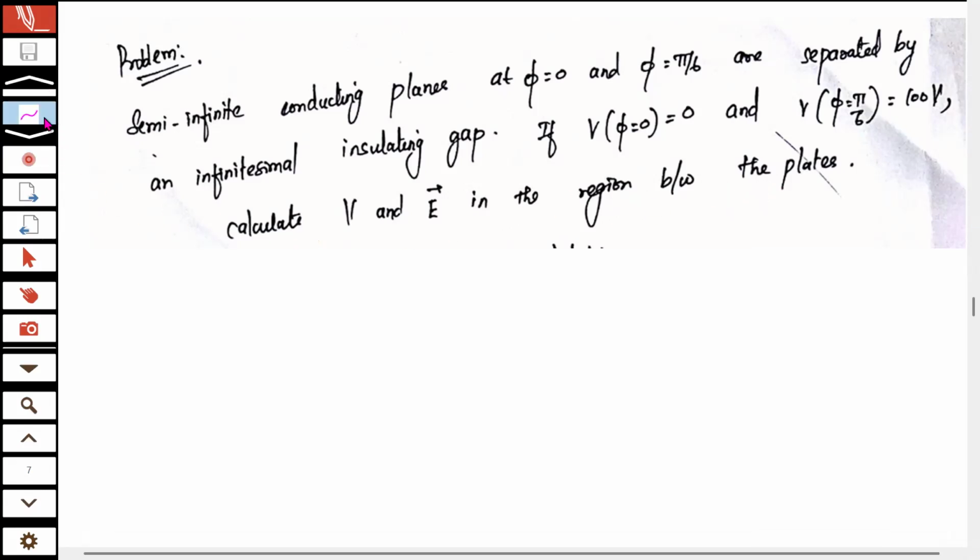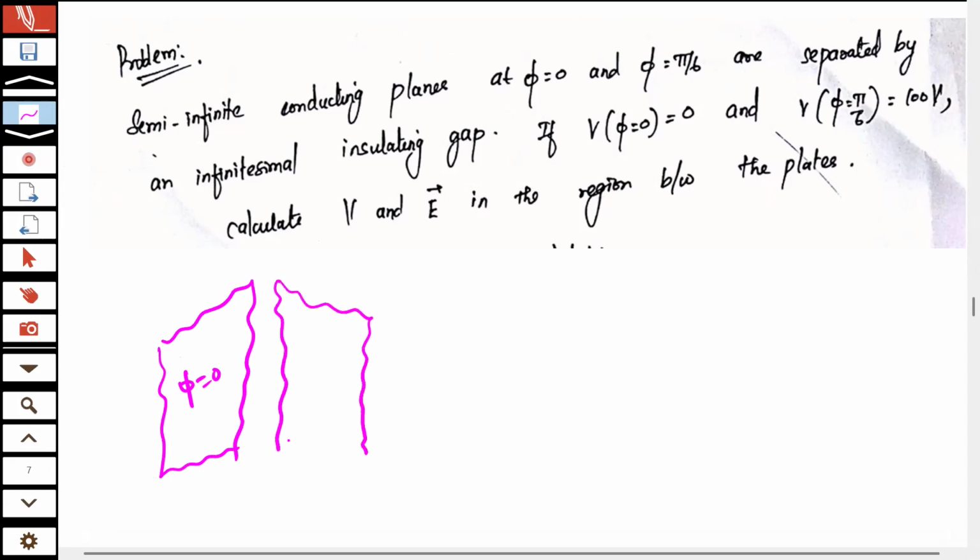So let us draw graphically these semi-infinite conducting planes. One plane is at angle phi equals 0 and another plane at angle phi equals pi by 6. So these are semi-infinite conducting planes. Also, it says an infinitesimal insulating gap is there between the two plates.